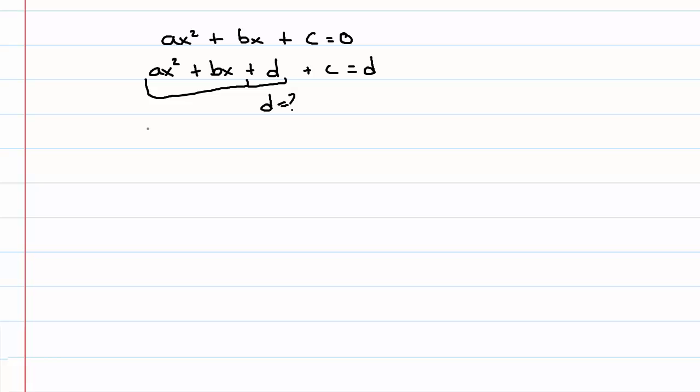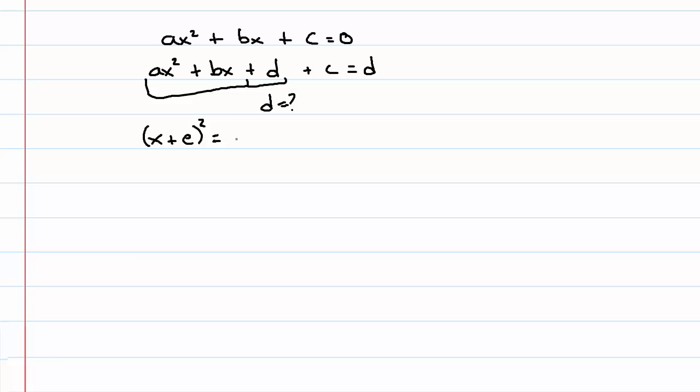Well, we know that if we have a square, such as x plus, we'll call the number e, squared, we want to know what this e should be. Well, when we set this up, e times itself, and then e times x plus e times x should give us bx.